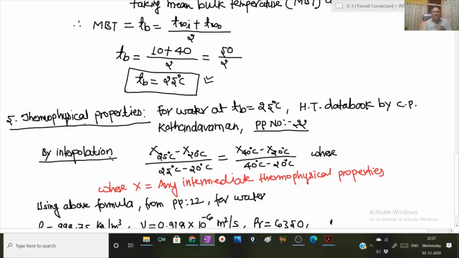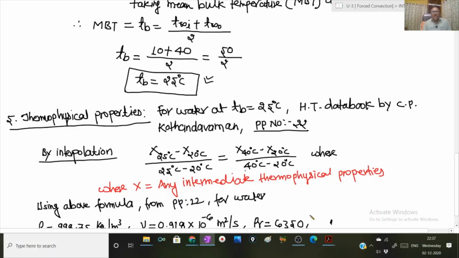Using interpolation, we can use this formula to calculate any unknown thermophysical property x at 25 degrees Celsius: x at 25 minus the property at 20 degrees Celsius, divided by the temperature range 25 minus 20, is equal to the property at 40 degrees Celsius minus the property at 20 degrees Celsius, divided by the temperature difference between 40 and 20.